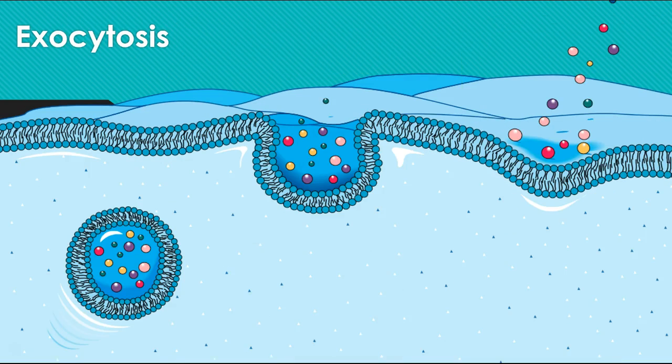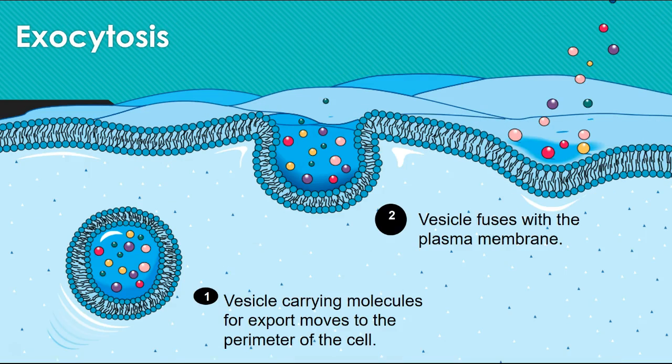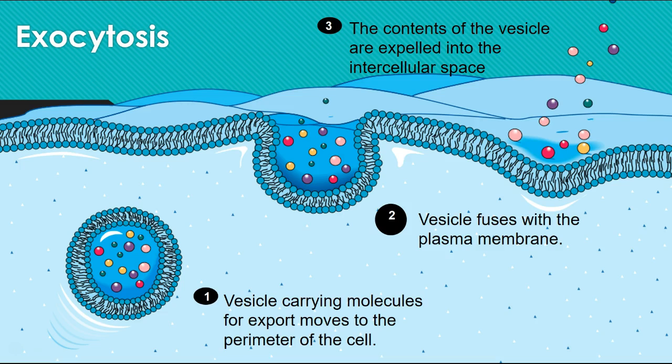The other type of movement that involves the cell membrane is exocytosis. Exo meaning exit, so this is the movement of materials from inside the cell to outside the cell. Firstly, we have a vesicle that carries molecules.